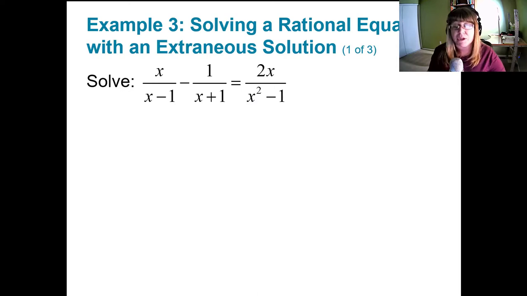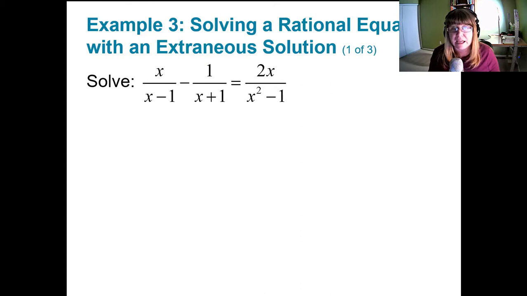I do want to be aware for this next problem of what x is not allowed to be. What are our restrictions? Restrictions are those values of x that cause the denominator to be 0. So x minus 1, if x is 1, 1 minus 1 is 0. So x is not allowed to be 1.